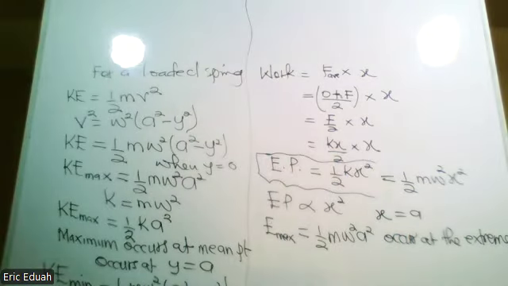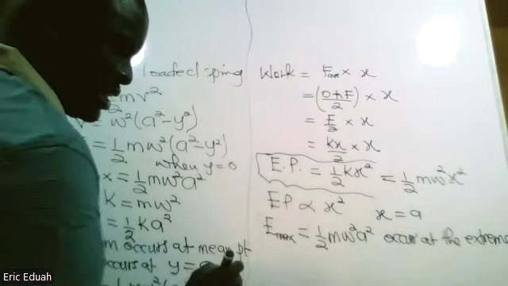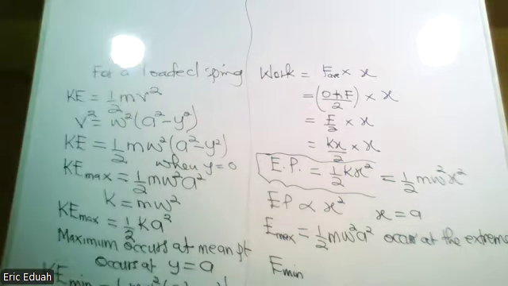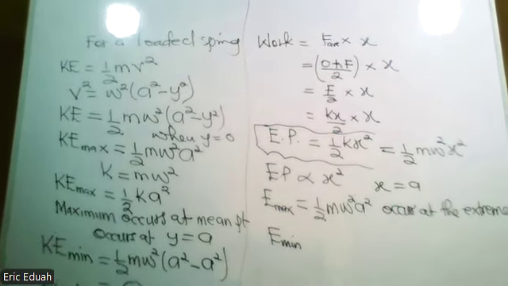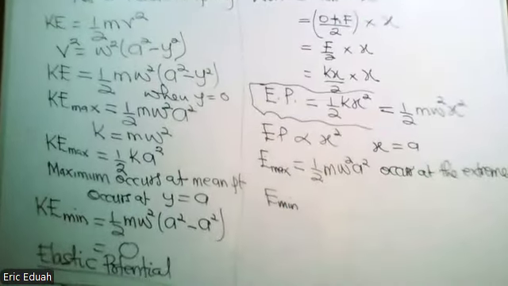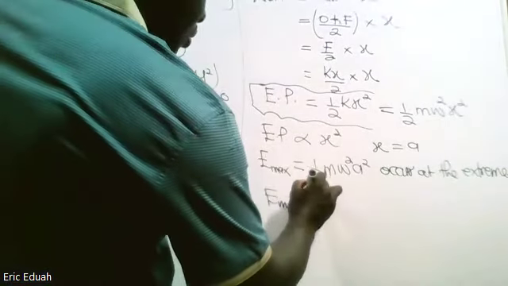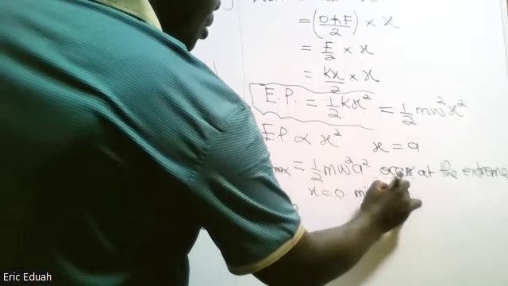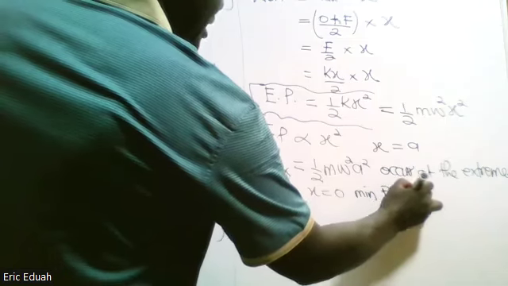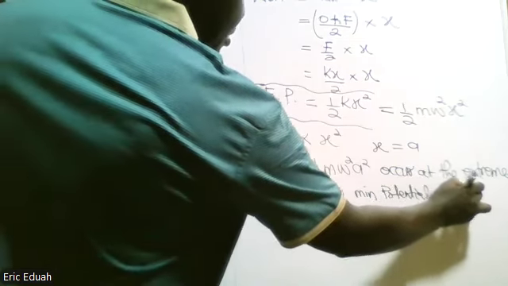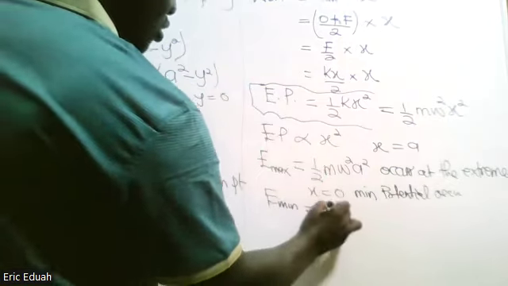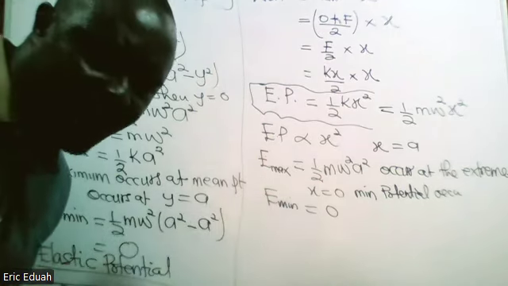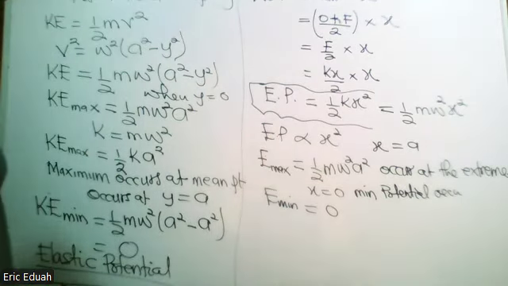Now, minimum potential energy, E minimum, occurs at the mean point where the extension or displacement is zero. When x is equal to zero, minimum elastic potential energy occurs, and E minimum will be equal to zero.